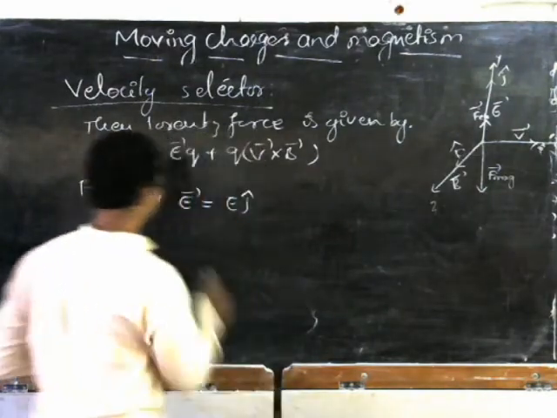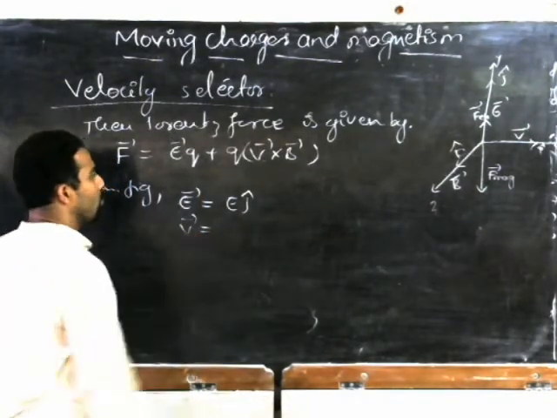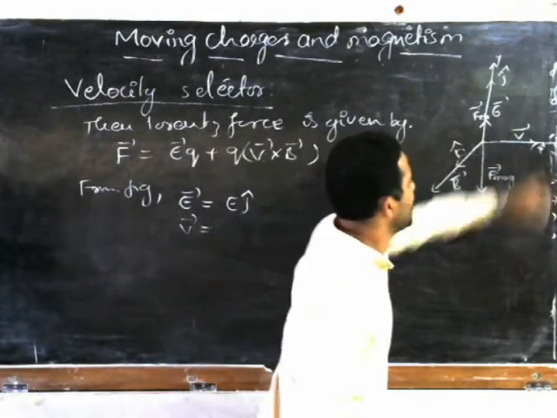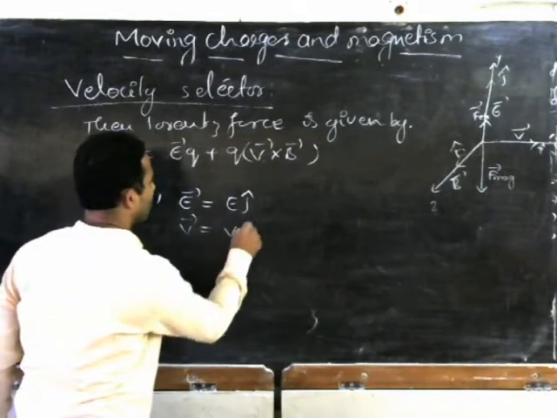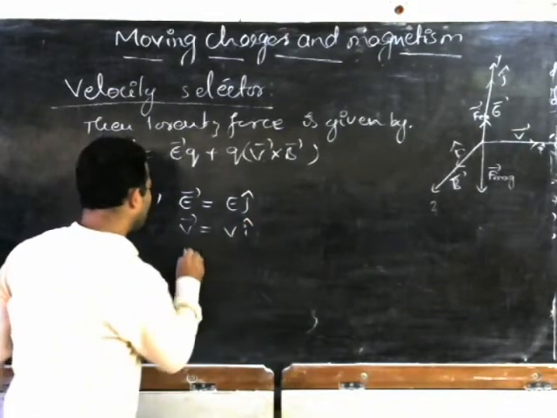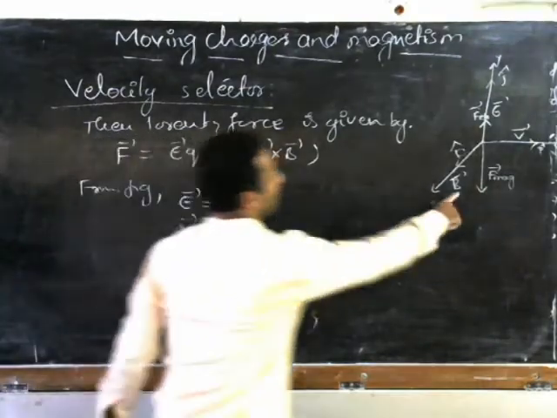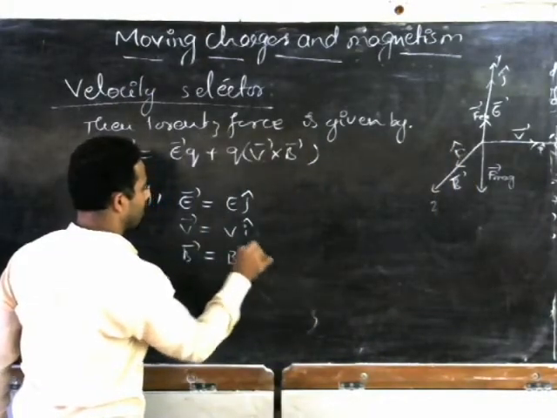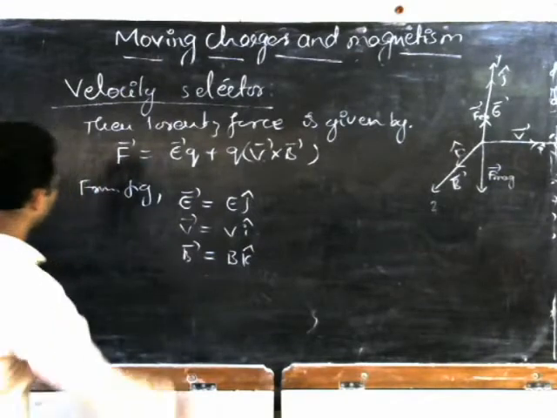So what do we want here? V. V is along this direction. V is equal to V into i cap. And the vector V along this direction can be written as V into k cap. Let's substitute here.